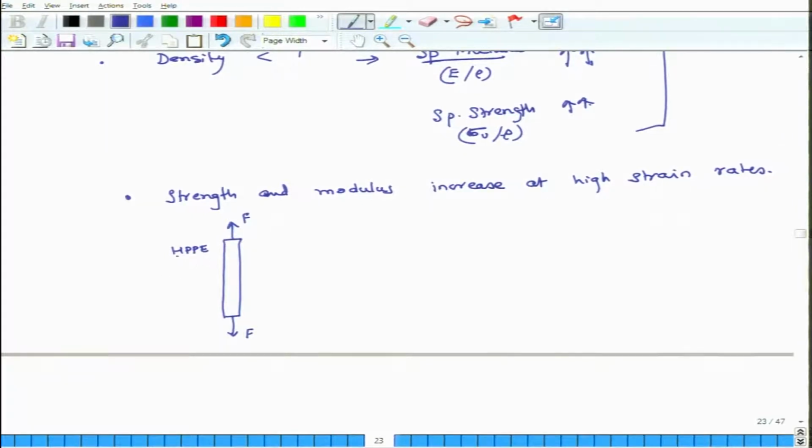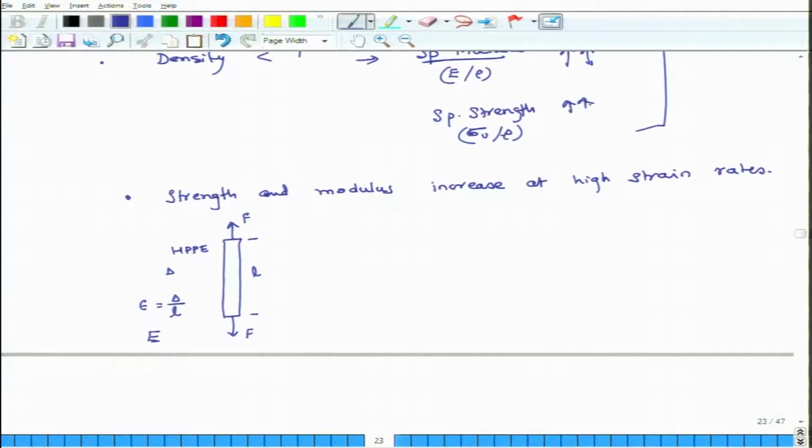Let us say the elongation is delta and the length is L. Then what is the strain? The strain in the length direction will be delta over L, and let us say its modulus in the length direction is E.